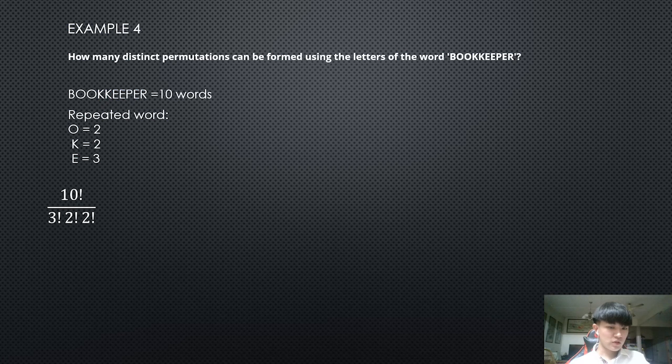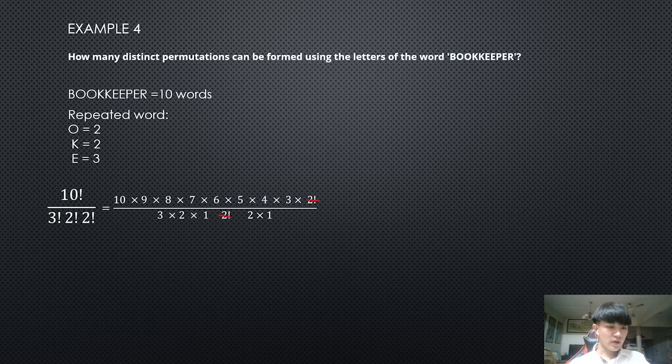So it is going to be 10 times 9 times 8 all the way to 2 factorial. For the bottom, I am going to leave one 2 factorial the same, and write the others as 3 times 2 times 1 and 2 times 1. First we can cancel the 2 factorial.